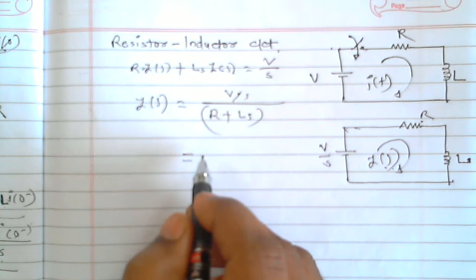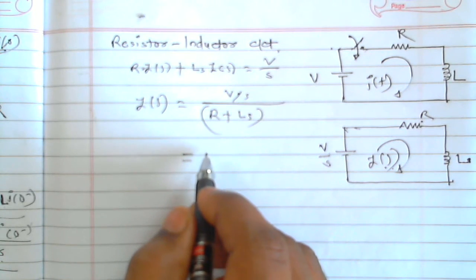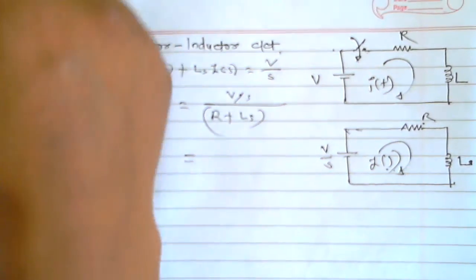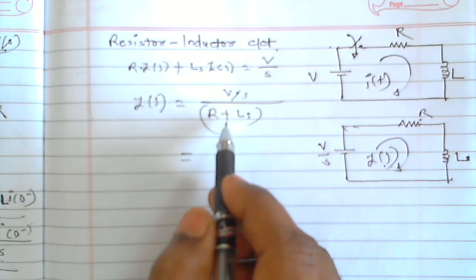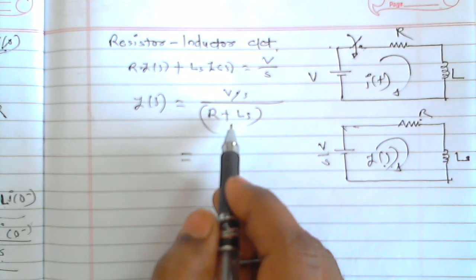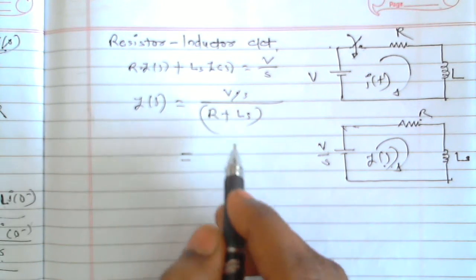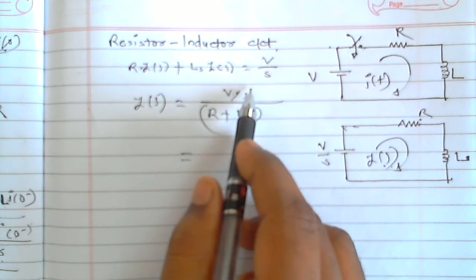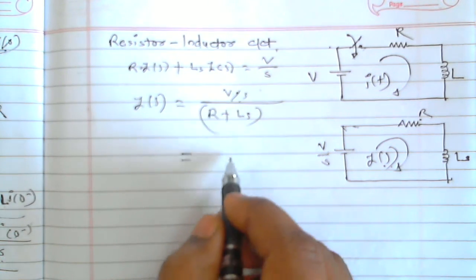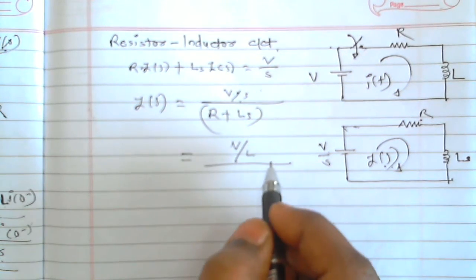So if I want to arrange this equation, what I can do is multiply each term by s/L. When I multiply V/s into s/L, the s cancels and it becomes V/L, right?